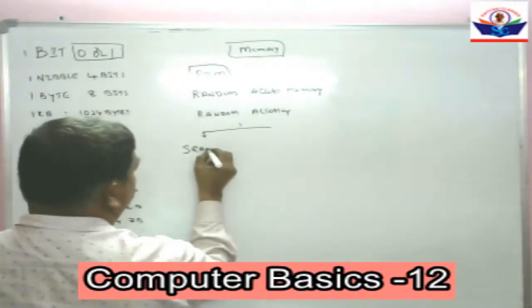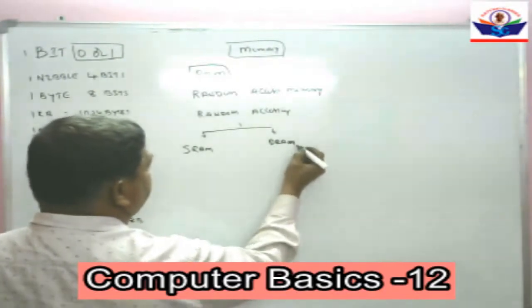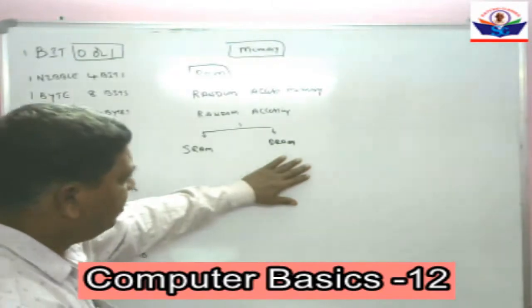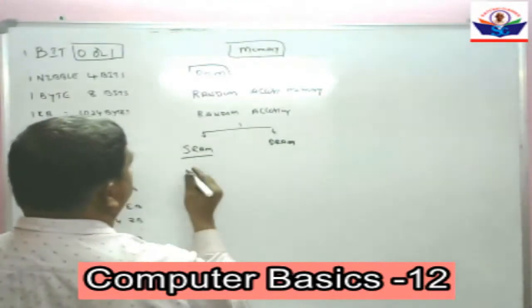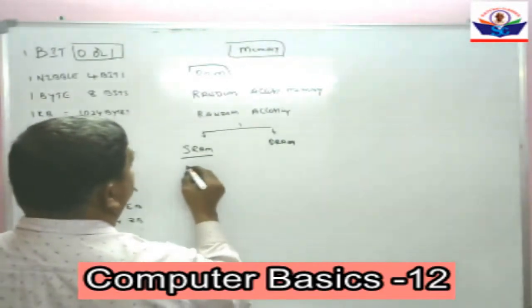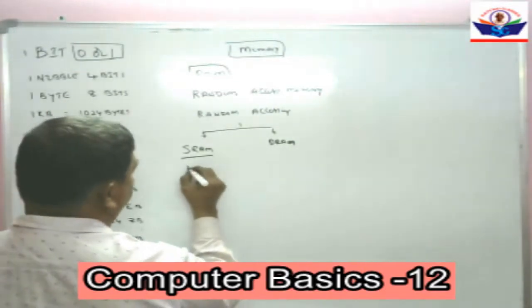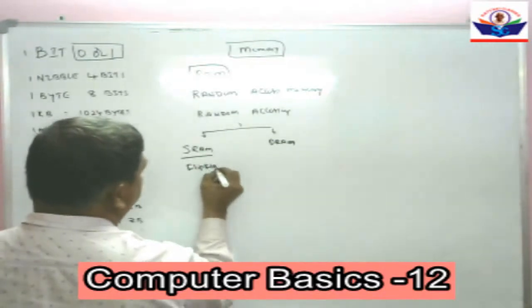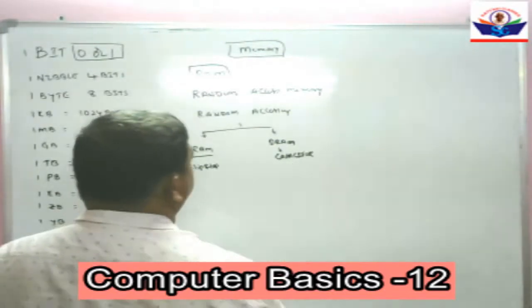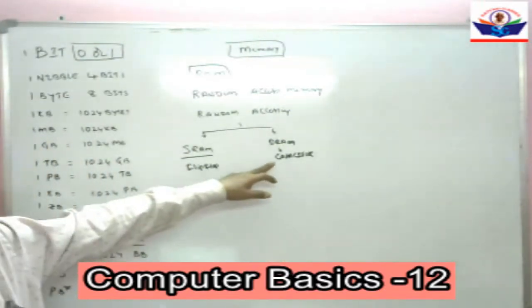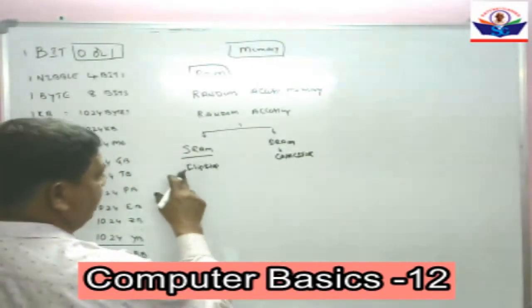Under RAM we have SRAM and DRAM. SRAM stands for static RAM, DRAM stands for dynamic RAM. SRAM is made up of semiconductor flip-flops, while DRAM is made up of capacitors.